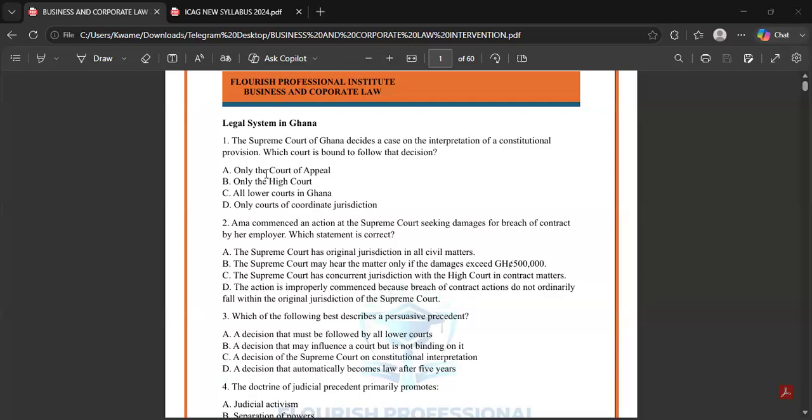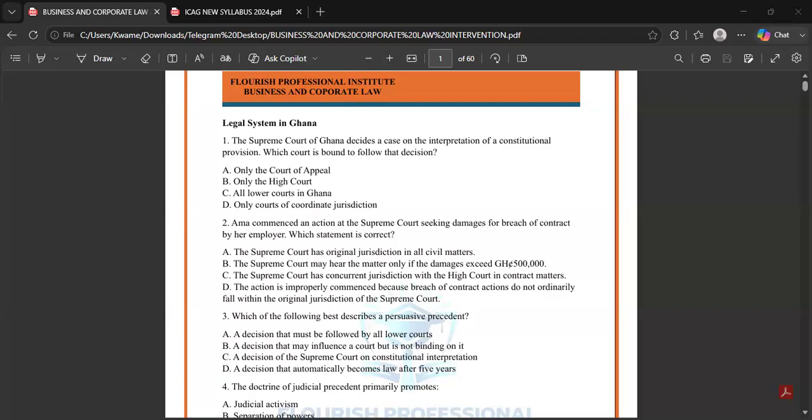Question 2. Amma commenced an action at the Supreme Court seeking damages for breach of contract by her employer. Which statement is correct? A. The Supreme Court has original jurisdiction in all civil matters. B. The Supreme Court may hear the matter only if the damages exceed 500,000 Ghana cedis.